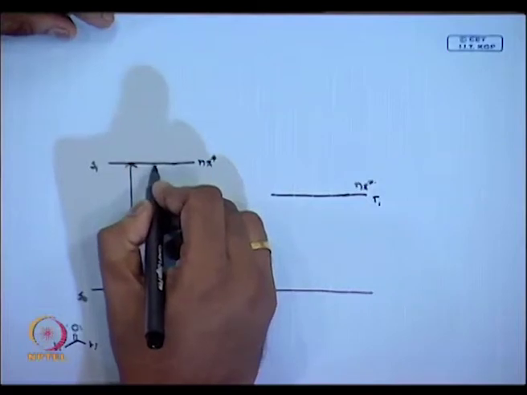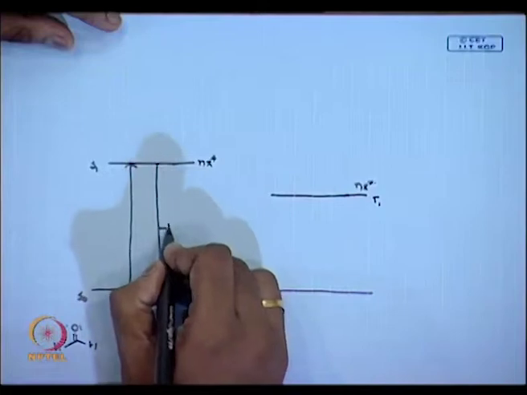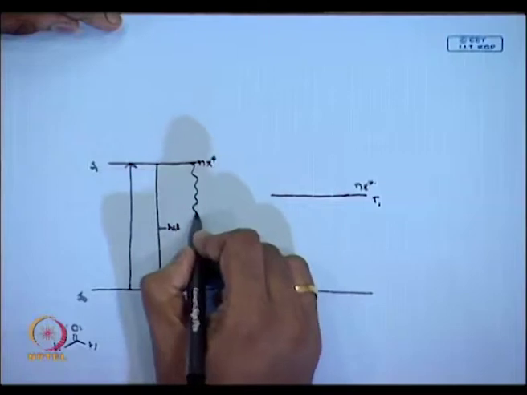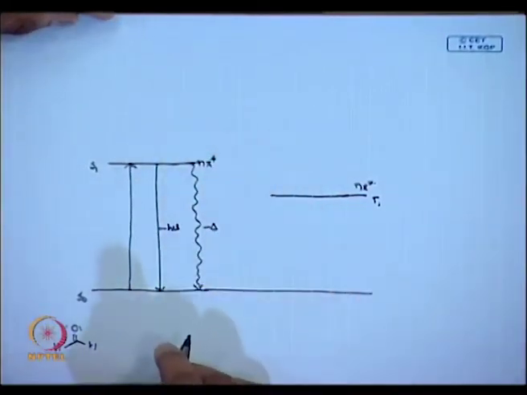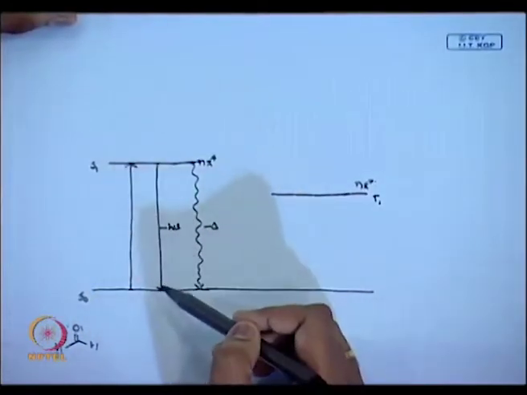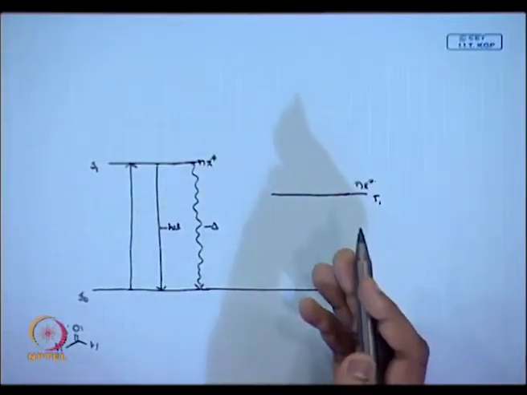Now, what does this molecule do in S1? Just generally speaking, what can it do when it is in S1? It can come down in two ways. One, it can come down giving out light, or it can come down by giving out heat. When it comes down by giving out light, you call that a fluorescent process, which we know.